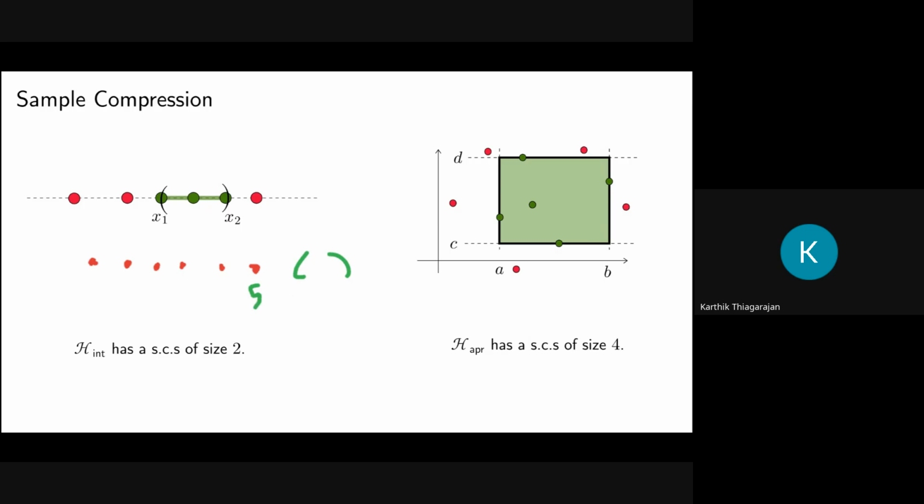Your classifier can be 5.1 to, let's say, 5.3. H interval 5.1 to 5.3. Excuse the drawing. So the value of K that you return in this case is 1. It's enough if you know only one data point, but that doesn't mean the sample compression scheme is 1. It is still 2, because in the worst case scenario you need at most 2 points.